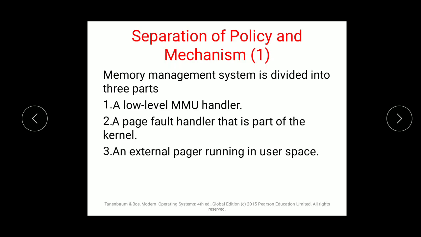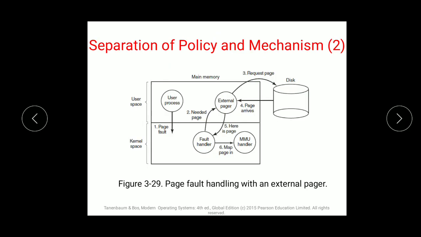So the memory management system is divided into three parts: the main memory unit, then the page fault handler, and the external pager running in user space. So separation of policy and mechanism works on the main memory unit handler, page fault handler and the user process. The page fault handler works with an external pager, which again talks to the disk. So we'll go one by one.